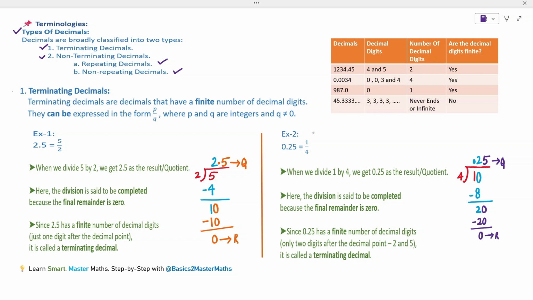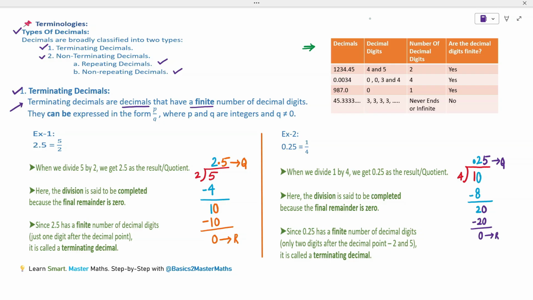First one, terminating decimals. The definition says terminating decimals are the decimals that have a finite number of decimal digits. Got it? Look at the examples.